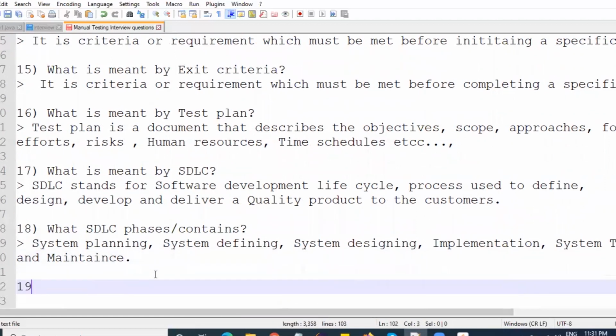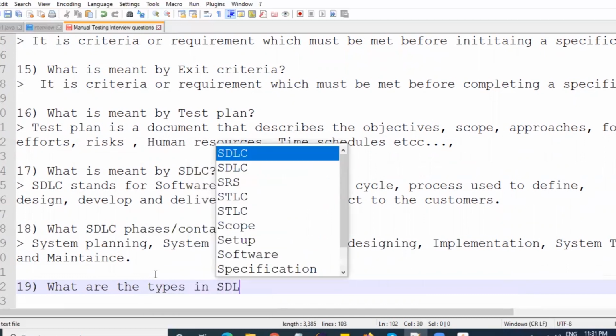Okay, come to the 19th one. Right now we are in SDLC, right? Now we will write what the types in SDLC are.